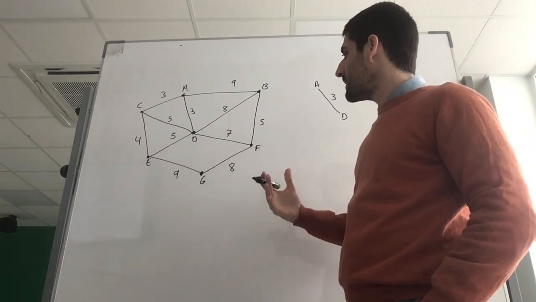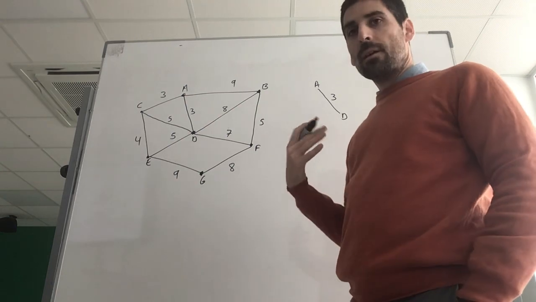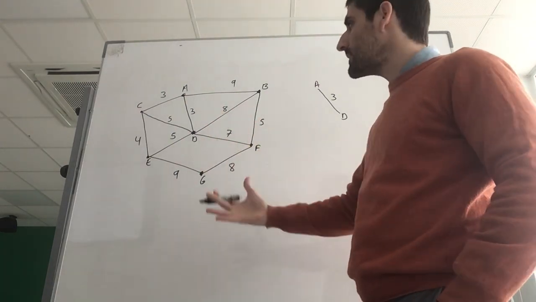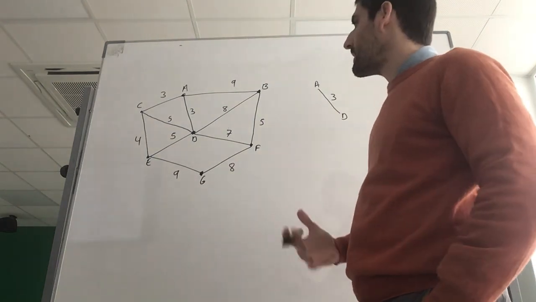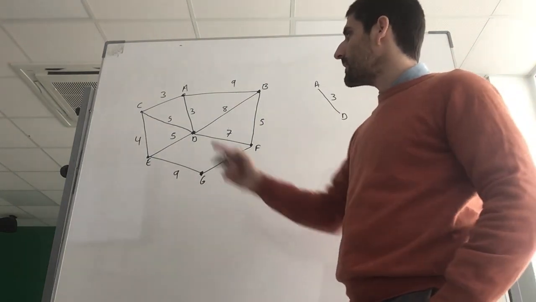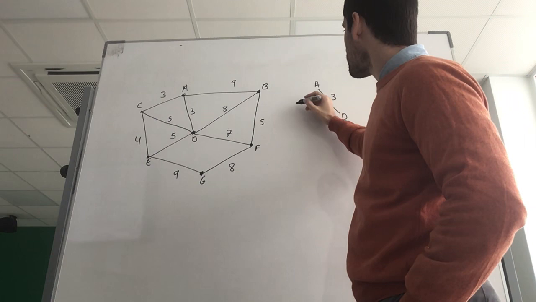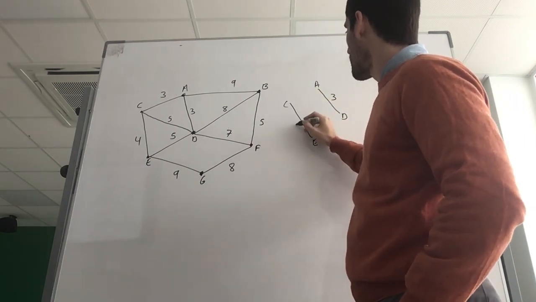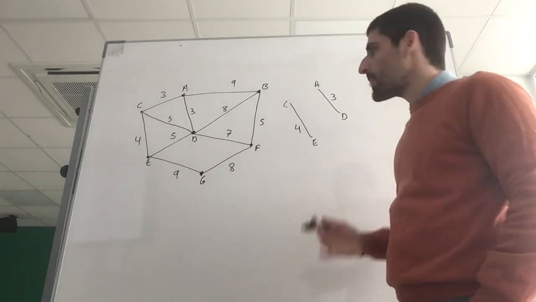I need to find the next arc of least weight that connects two nodes in my network that I haven't got. The next one is CE, so C to E for a weight of 4.